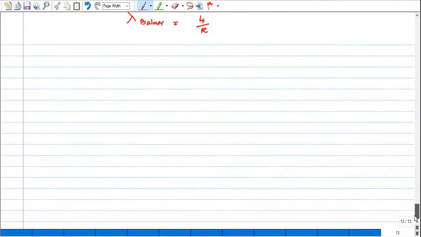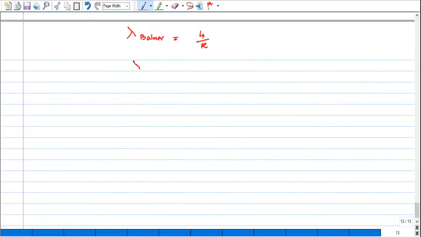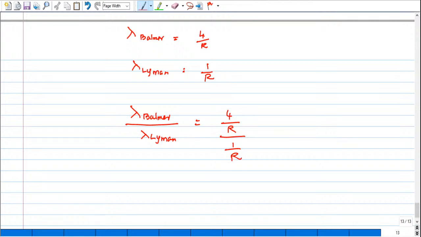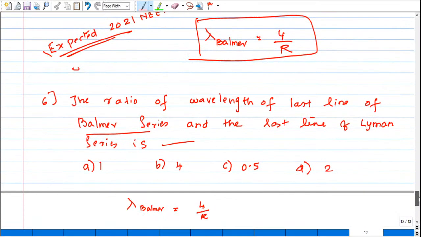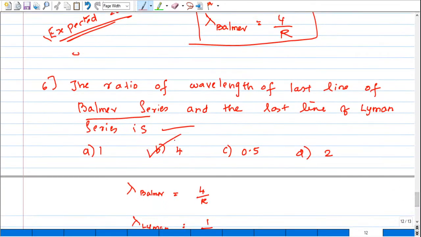See, last line of Lyman series is lambda Lyman equal to 1 by R. Then the ratio lambda Balmer divided by lambda Lyman will be equal to (4 by R) by (1 by R). I can cancel R, so our answer will be 4 by 1, which is equal to 4. So just see where the answer lies. It lies in option B.